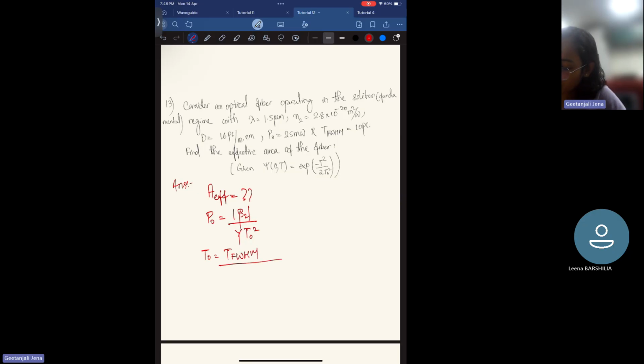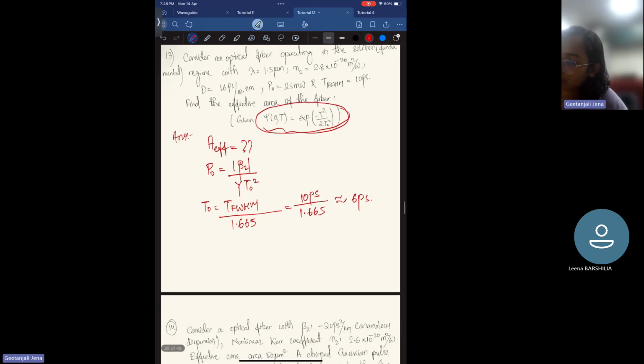So for a Gaussian pulse, we know the relation between T0 and T FWHM. If you divide this by a factor of 1.665, then you can find it. Oh, okay, it's already given, it's a Gaussian form. So this is 10 picosecond divided by 1.665, which will be 6 picosecond.